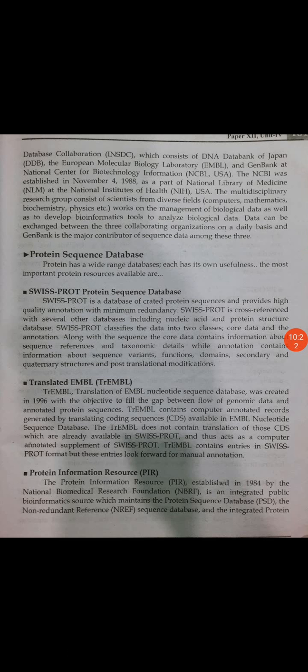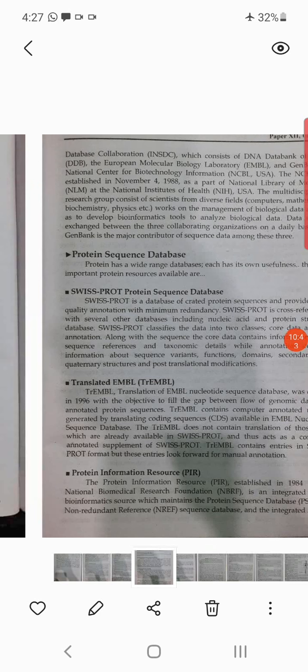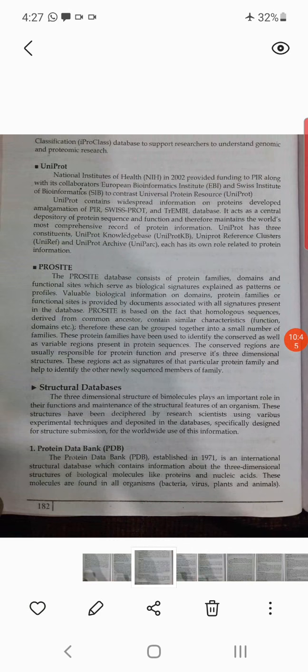Then Protein Information Resource, PIR. The Protein Information Resource, established in 1984 by the National Biomedical Research Foundation, is an integrated public bioinformatics resource which maintains the protein sequence database. So, in this way, sequence knowledge is put out for human beings for research.